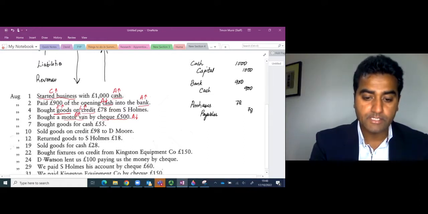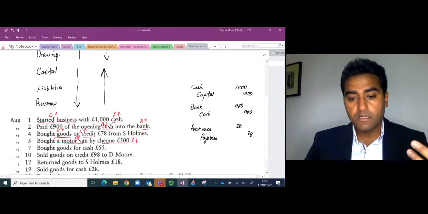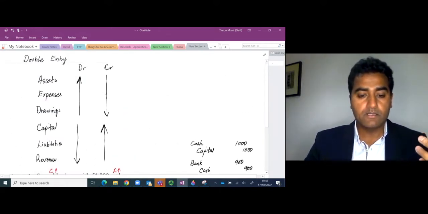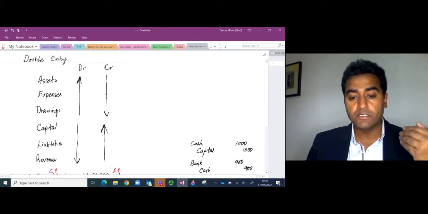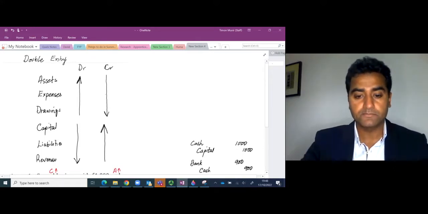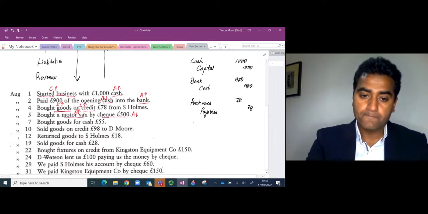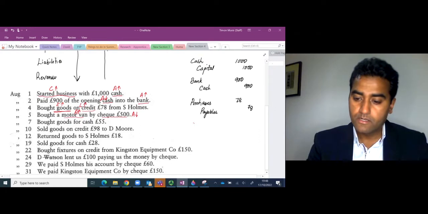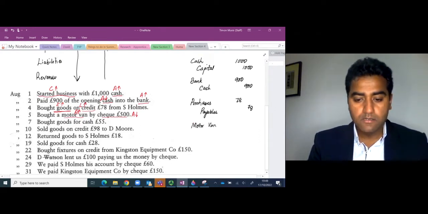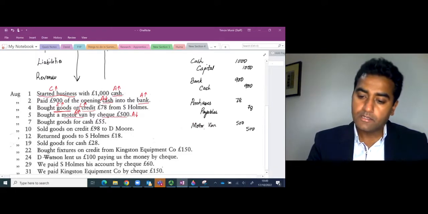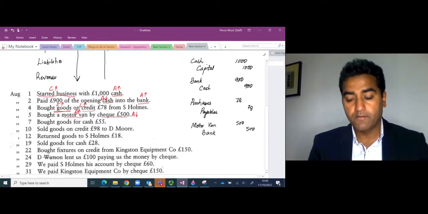Again, you can notice from this table that increase in asset is debit, decrease in asset is credit. Motor van will be debit by £500, and bank account will be credit by £500.